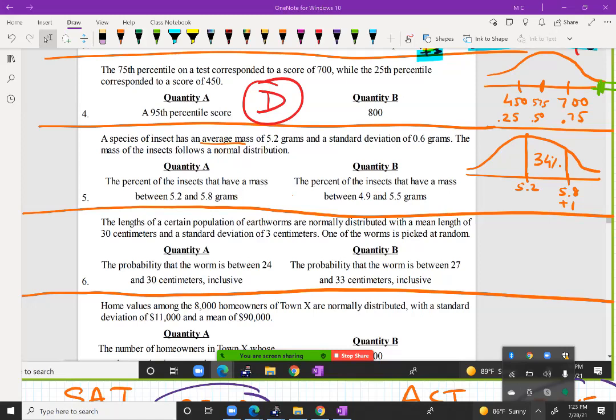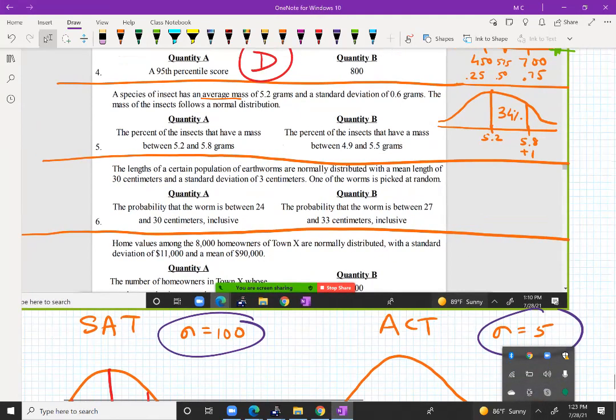You can even look at the picture and tell, even if you forgot the numbers. But I like the way you calculate. That's the right way to do it. So you see that the average is 30, and 24 is down here. On the right side, this is 33.